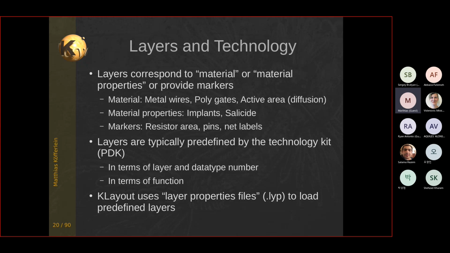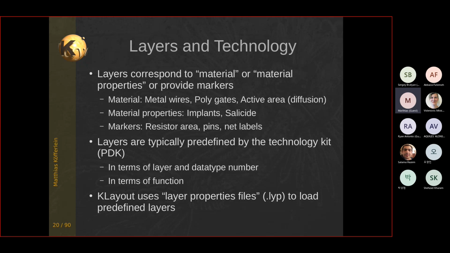And there are physical layers, and there are marker layers, which do not have a physical meaning, but, for example, you could mark a certain device by drawing a rectangle around it. This simplifies the processing of the layers later in terms of detecting devices, things like that for verification. So you have a lot of layers. These layers come with some styling, so some color, some fill shape, and so on.